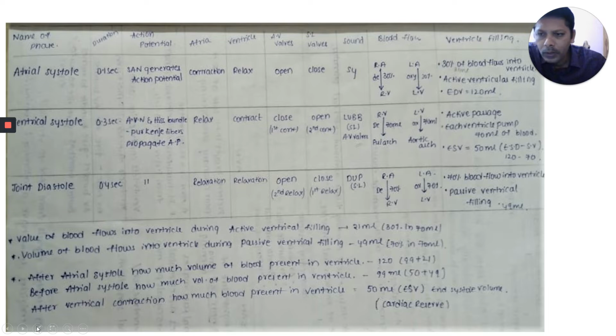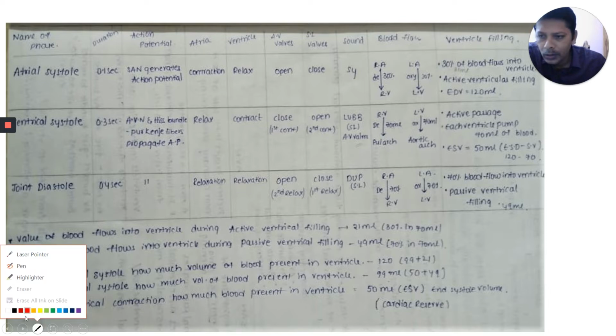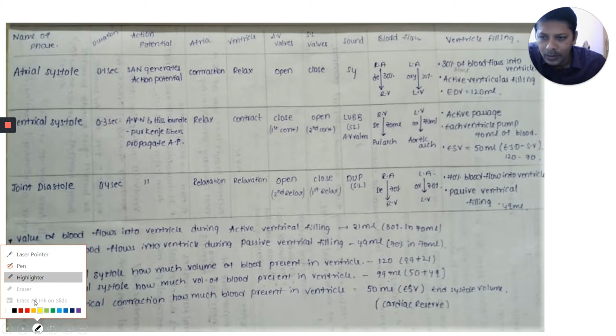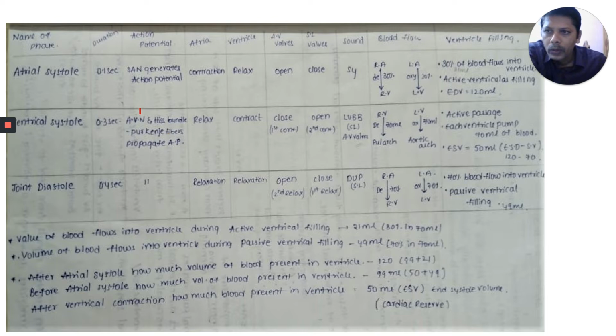You already know there are three stages in the cardiac cycle. Can you tell me without looking at your books what the three stages in the cardiac cycle are? Name of the phase: atrial systole, ventricular systole, and joint diastole.